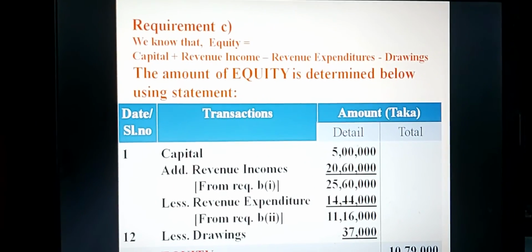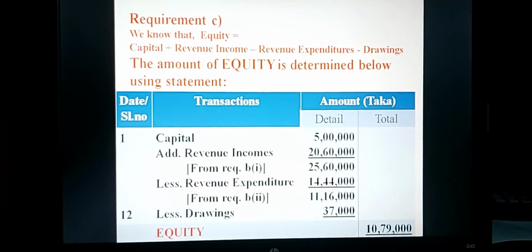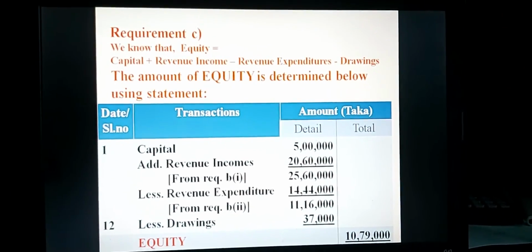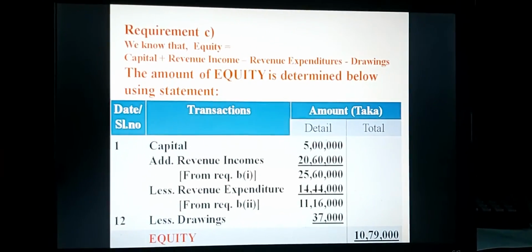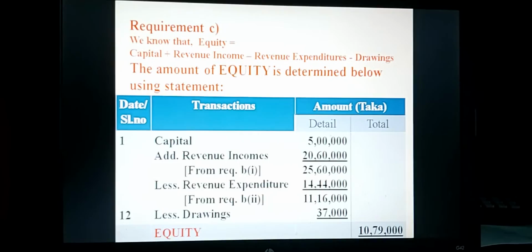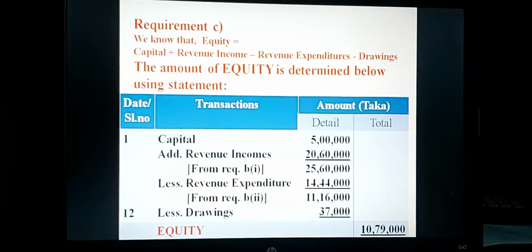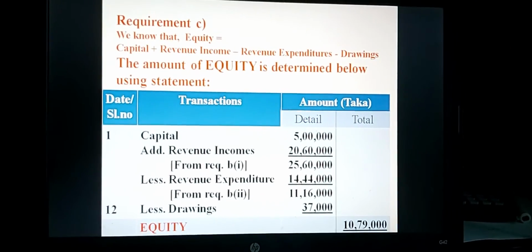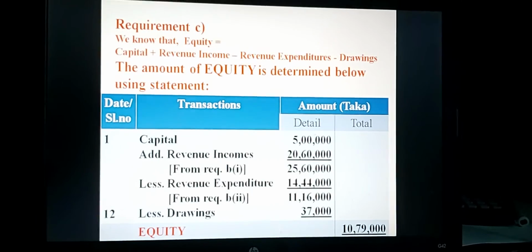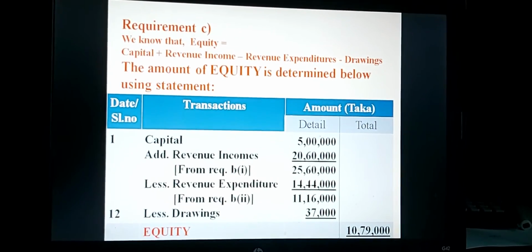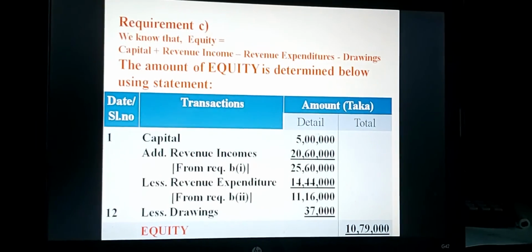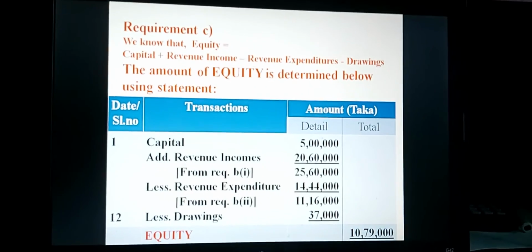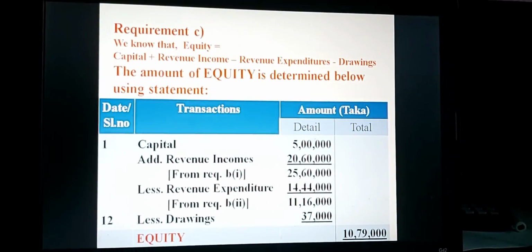Now you can write the answer for requirement C. We know that equity is equal to capital plus revenue income minus revenue expenditure minus drawings. It is an equation we got from chapter 2, the accounting equation or transactions, but we can solve it in this way.